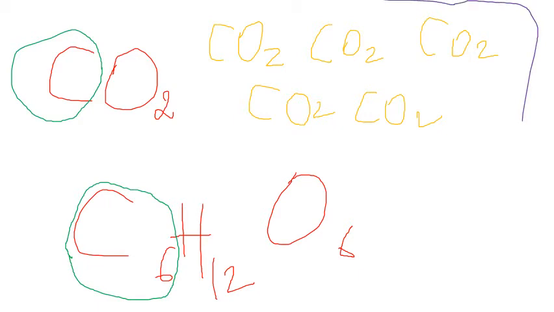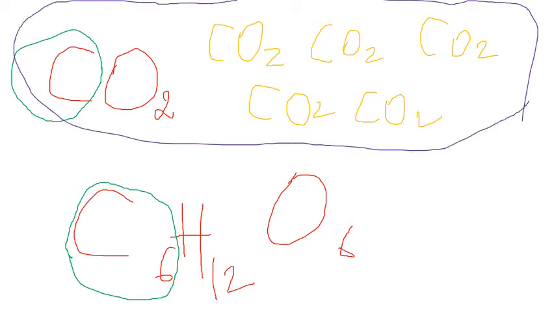These 6 molecules of carbon dioxide were used to make 1 molecule of glucose. 1, 2, 3, 4, 5, 6. So we need 6 molecules of CO2, of carbon dioxide, to make 1 molecule of glucose.